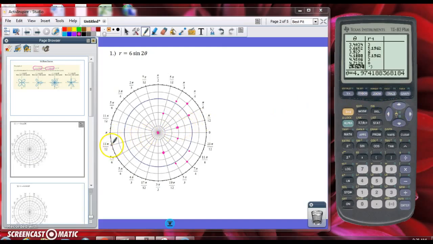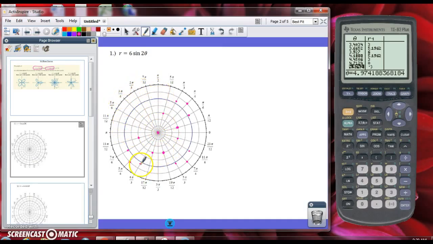Now we're down here at 13 pi over 12, so we're at 3, and then we're at 5.2, and then we're at 6, and then we're at 5.2, and then we're back at 3, and then we're at 0. And you can kind of get an idea because we already saw what the graph looks like. We still have to fill in this section here.